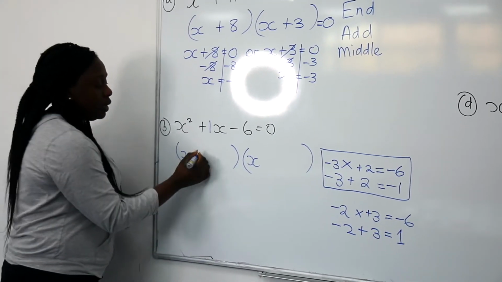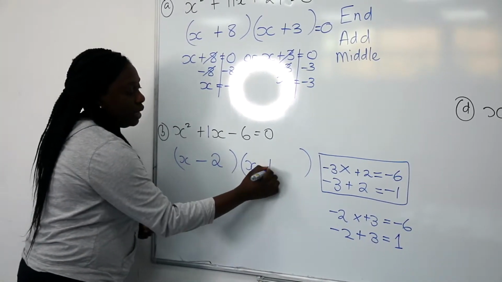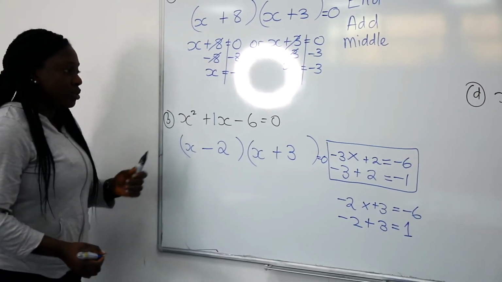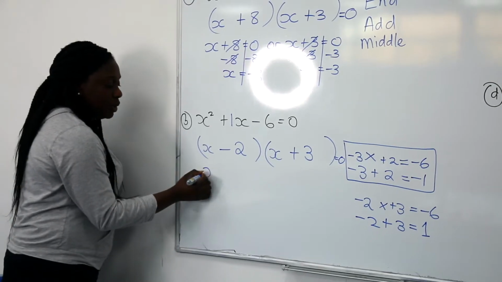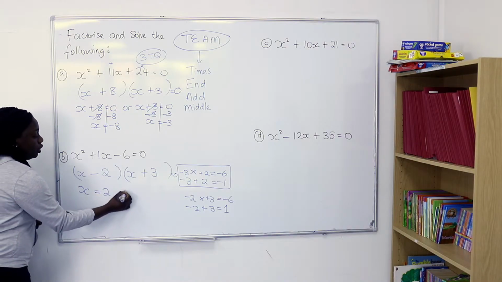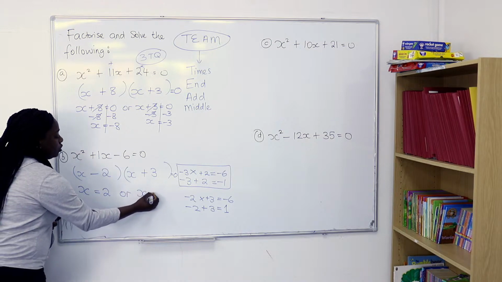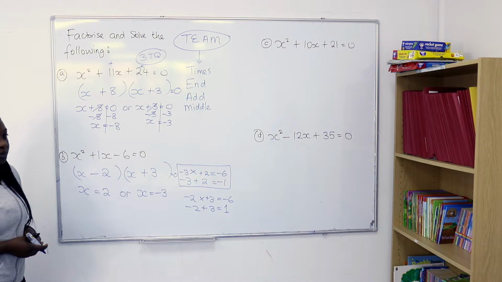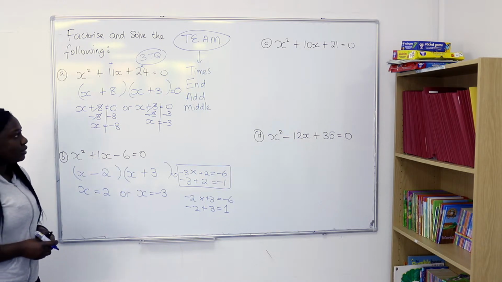Yes. So the numbers we're looking for are minus 2 and positive 3. Don't forget the equals 0. That's us factorising. To solve it, it'll become x equals, what's the opposite of minus 2? Positive 2. Or x equals negative 3, because the opposite of plus 3 is a negative. Okay, hope that makes sense.